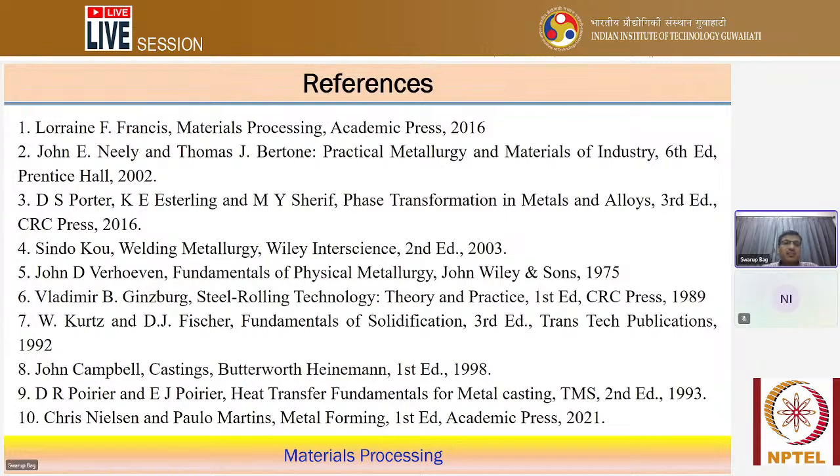If you want to understand the fundamentals of heat transfer, which may be utilized in the metal casting process, then reference 9 is the best option. And of course, for metal forming processes, we have some references also. And for overall materials processing, a good reference is reference 1. So each and every topic is associated with some reference book, where you'll get more information about the topic.